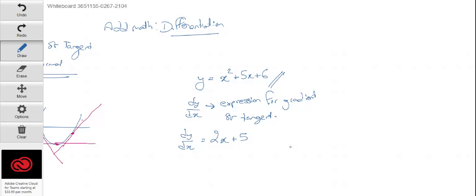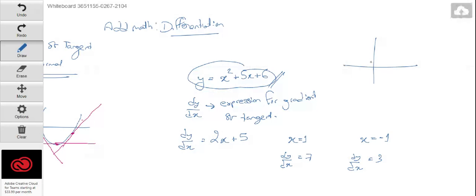What this means is when you, for example, plug in x equals 1 and get the value dy by dx to be 7, and for example, when you plug in x equals minus 1 and get dy by dx to be 3, what this essentially means is for this curve, if you took the gradient at, let's say, x equals 1, the tangent would have a gradient of 7.